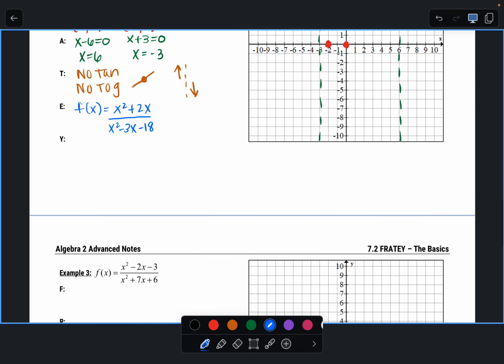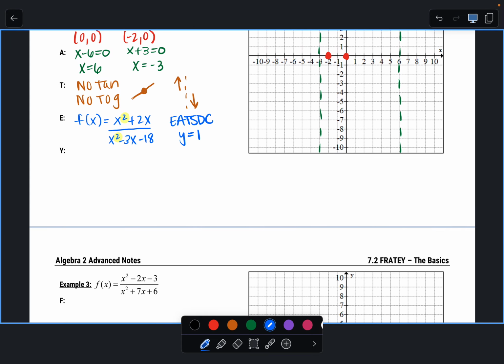If I look at my highest exponent, it is x squared over x squared. And we said if they are the same, all we have to do is divide the coefficients. If you don't see a number in front, the coefficient is 1. Because this is an EDC, we're going to end up with y equals 1.